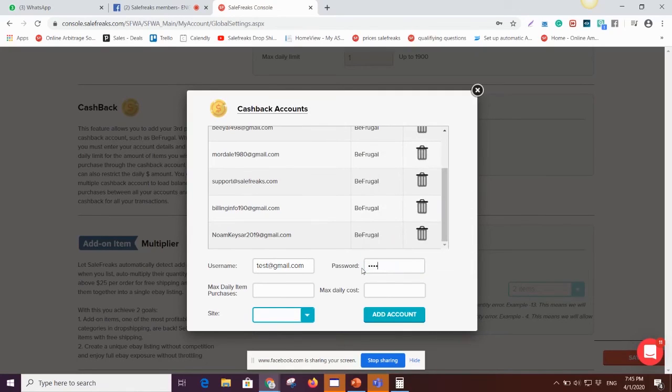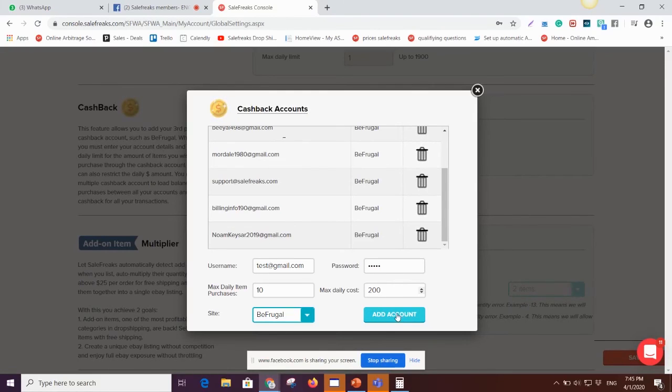So let's say these are these. Then I choose Be Frugal because we only support Be Frugal for Amazon. Then you put your max daily item purchases. Let's say I want only 10 purchases out of each Be Frugal account, with a max daily cost of, let's say, $200. Then I would add the account, and that's pretty much it.